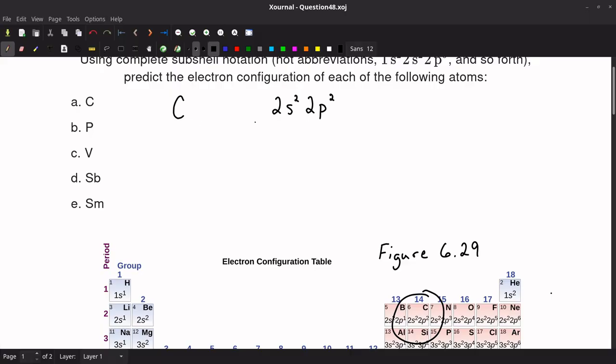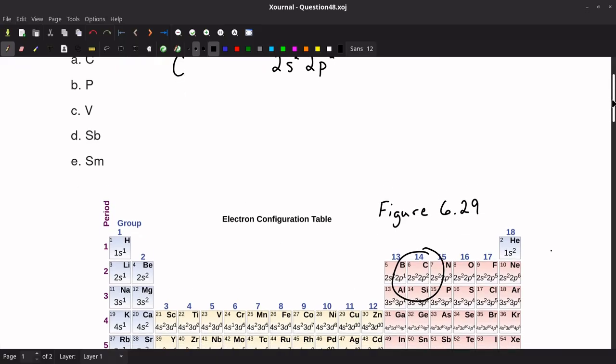Now what I need to do is figure out the core part. If this is the valence part, the part that's furthest away from the nucleus, what is the configuration of the part that's closer to the nucleus that's not going to be participating in chemical reactions, those core shells?